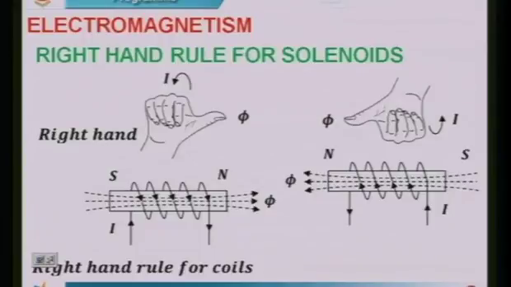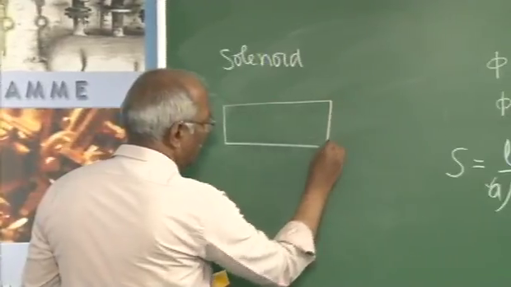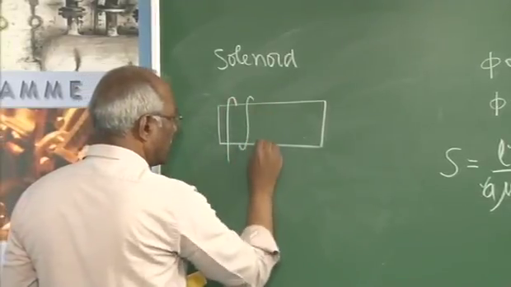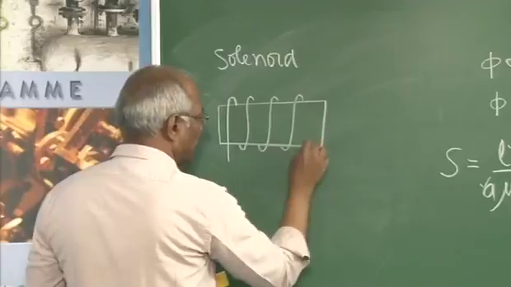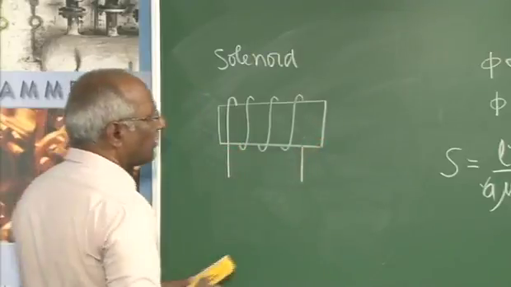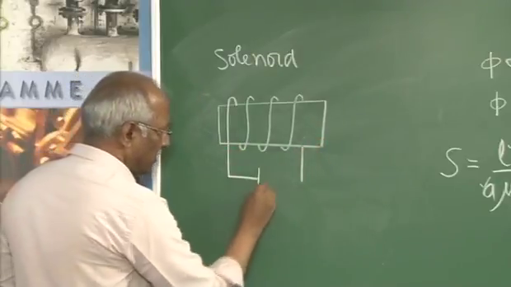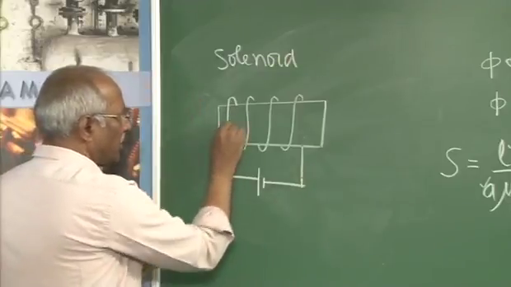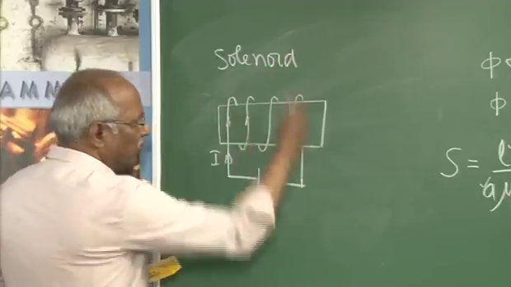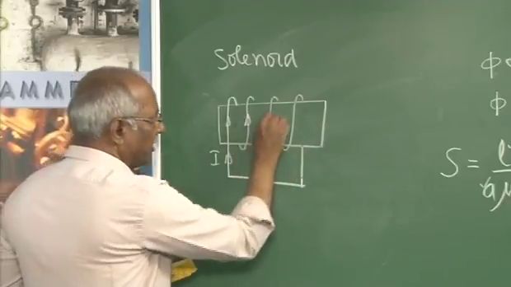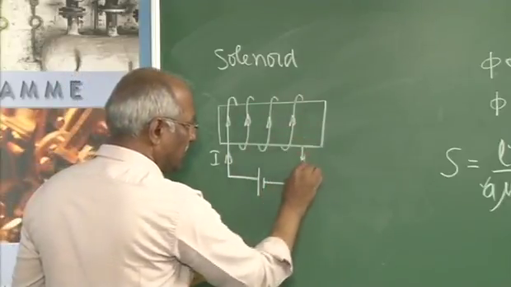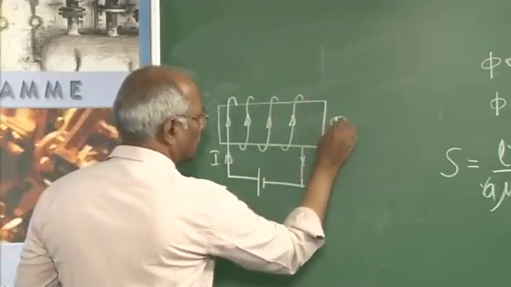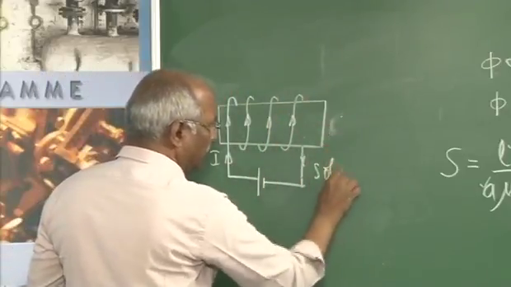Think of a core, and you wind the coil like this. This is the applied voltage. The current is flowing here. The current goes this way. It has been wound like this. Current goes this way and it comes out here. You can call this the solenoid.